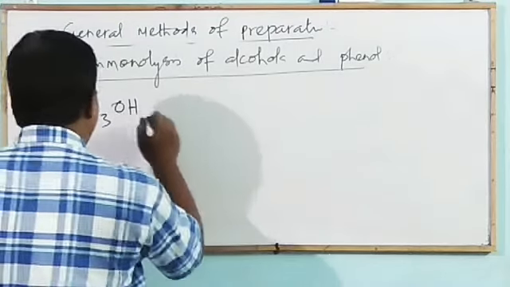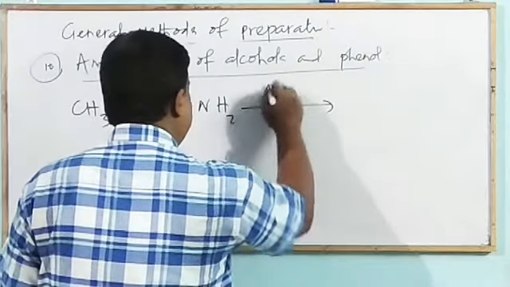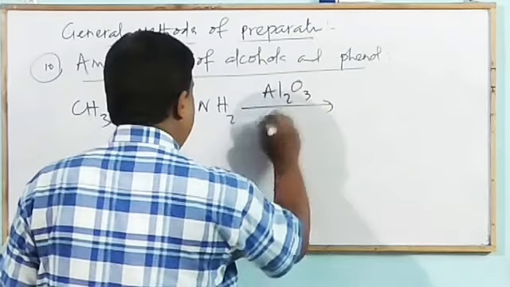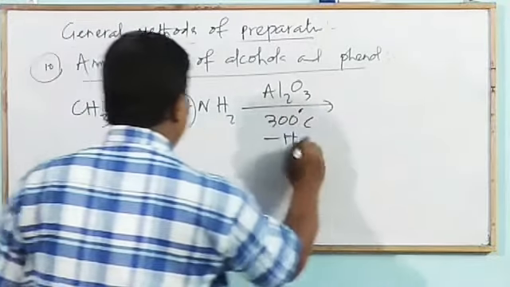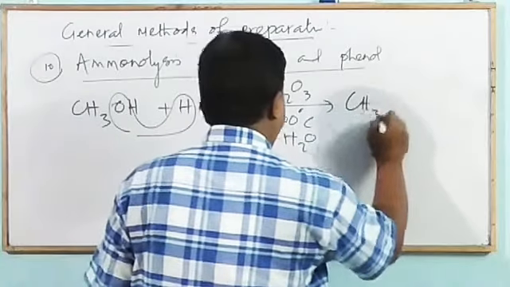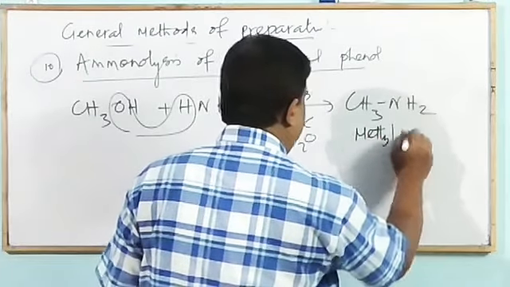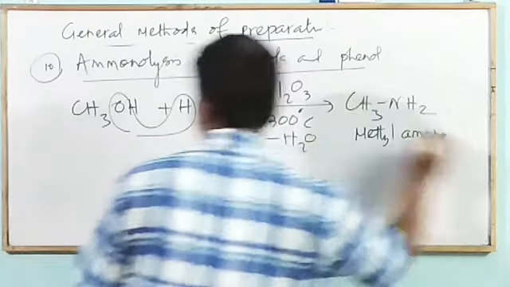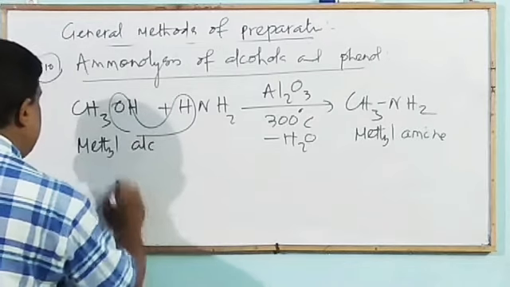Methyl alcohol heated with ammonia in presence of alumina at 300 degrees Celsius. What is formed? Methylamine is formed. Its name is methylamine. Its name is methyl alcohol.